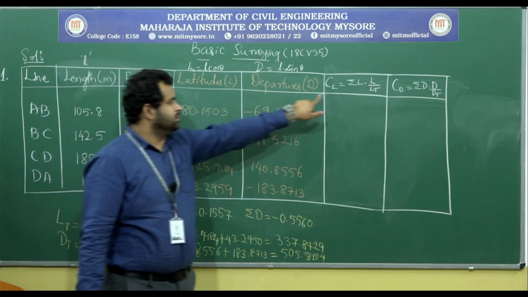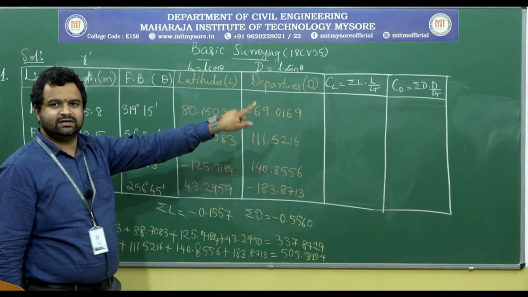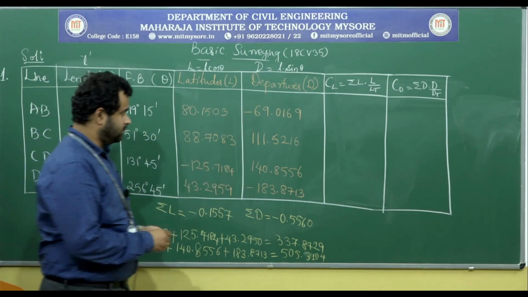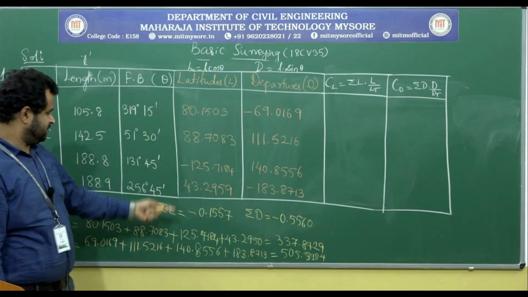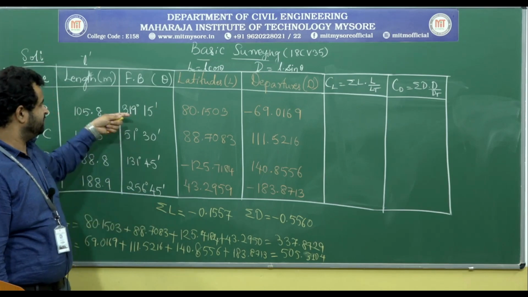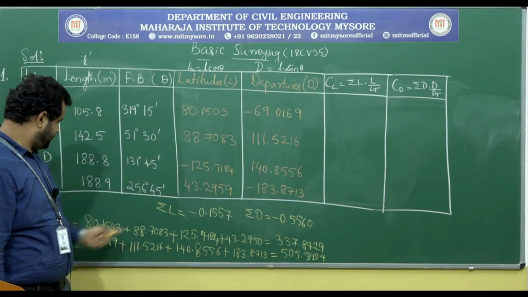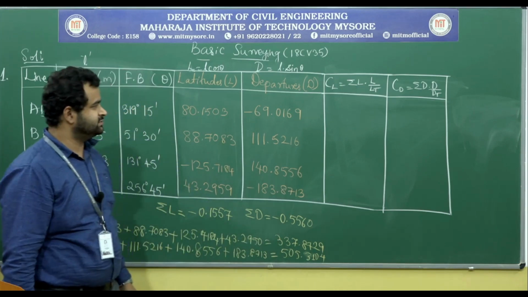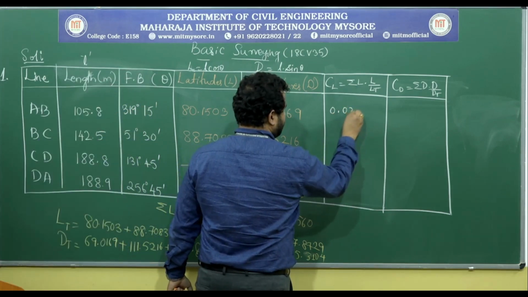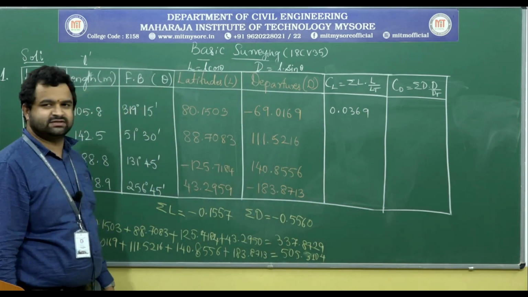Now, using this formula, calculate the CL and CD values. So, what is CL for first line AB? Sigma L into L of that line divided by LT. That will give you plus 0.0369.